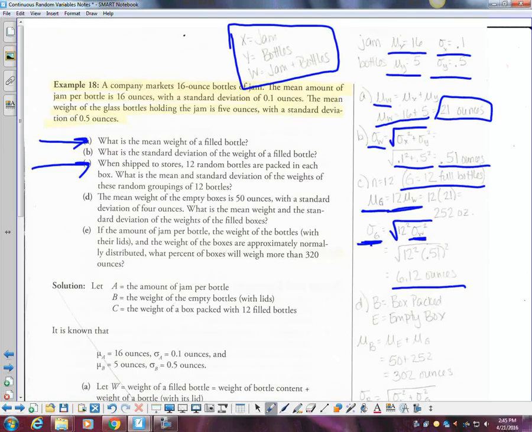Now we got to box them up. The mean weight of the empty boxes is 50 ounces with a standard deviation of 4 ounces. What is the mean weight and the standard deviation of the weights of the filled boxes?